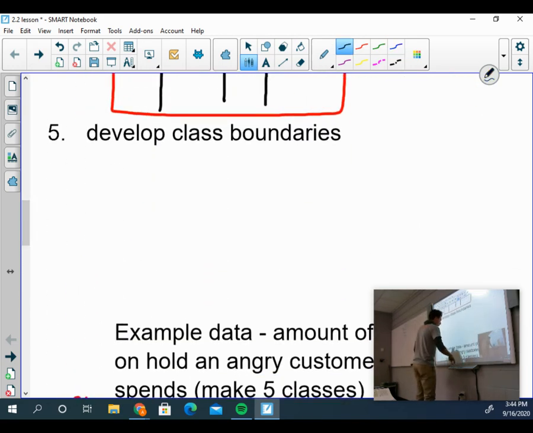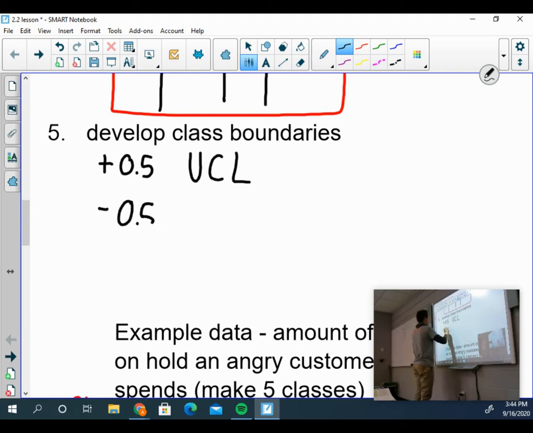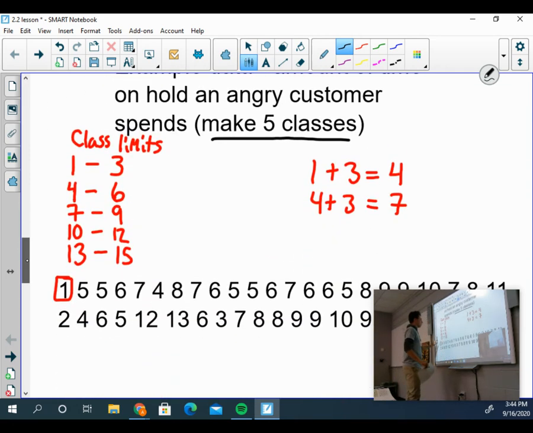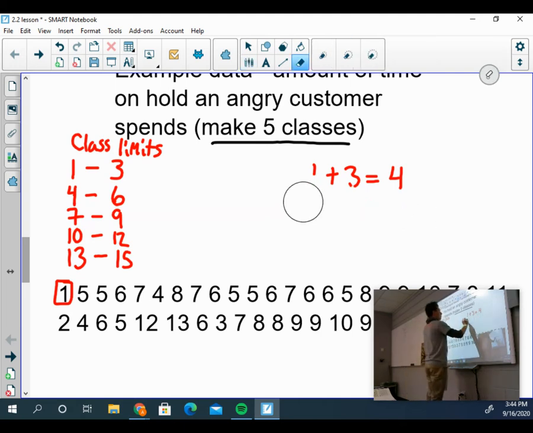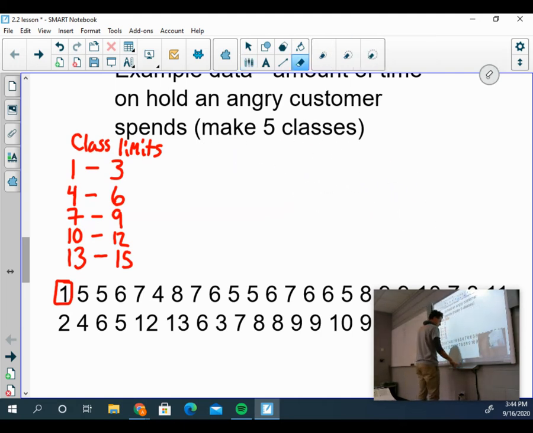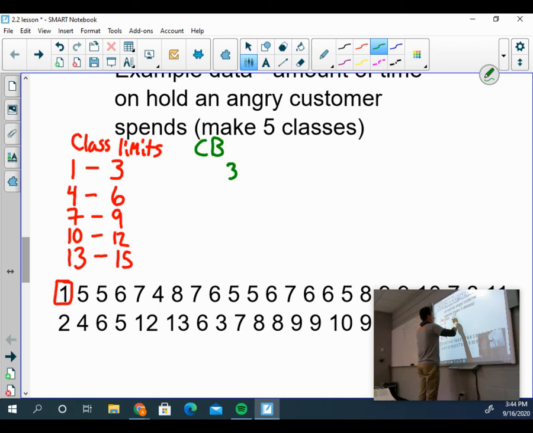You are going to add 0.5 to your upper class limits, and you are going to subtract 0.5 from your lower class limits. Again, add 0.5 to the upper class limits, subtract 0.5 from your lower class limits. So what does this look like for my frequency table that I'm making down here? Well, for my class boundaries, I'm going to add 0.5 to my upper class limits, and I will subtract 0.5 from my lower class limits.